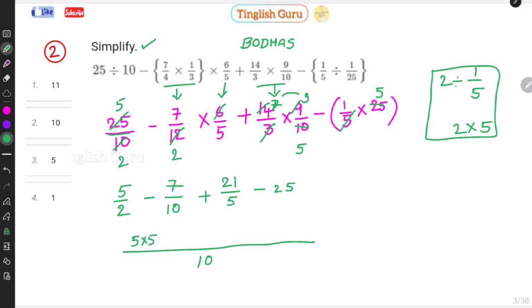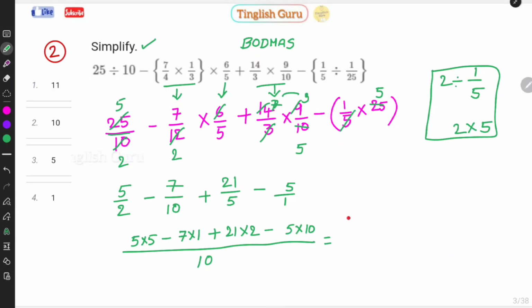Here we will get, I will write another step. 10 ones are 10, so 7 into 1, plus 5 twos are 10. Therefore 21 into 2, minus, here the denominator is 1, so 1 tens are 10. So finally it will be 25 into 10. Sorry, here it is not 25, here it is 5. So 5 into 10.